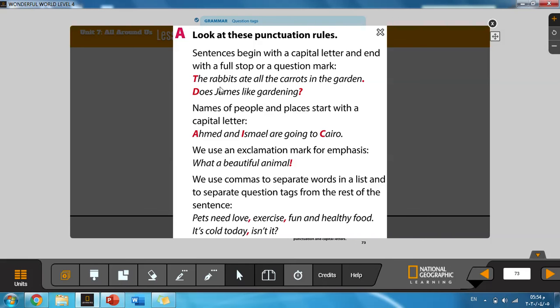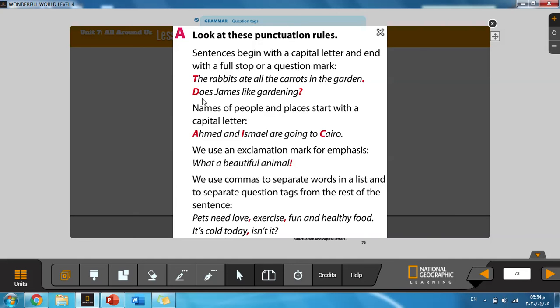Look at the example. The rabbits ate all the carrots in the garden. It's a sentence, there's no question. So he finished it using a full stop and started it with a capital letter.